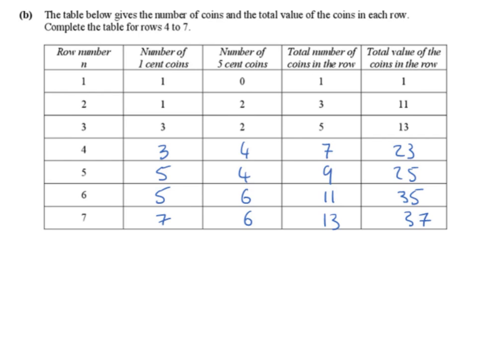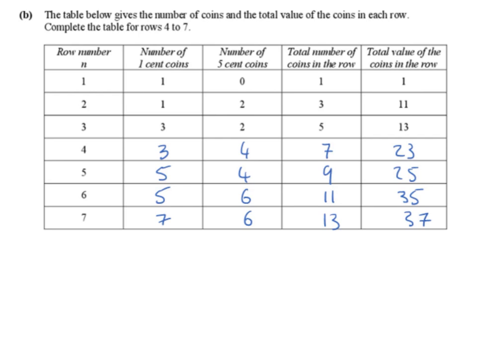In row 2, we had one 1-cent coin again, and then we had two 5-cent coins. So a 5-cent coin added onto either side of that 1-cent coin in the center. 1 plus 2 makes 3 coins in total. And if we add up the amounts, we have one 1-cent coin, two 5-cent coins, which represents 10 cent, and 1 cent plus 10 cent is 11 cent.